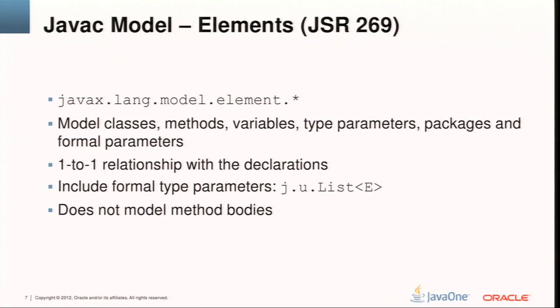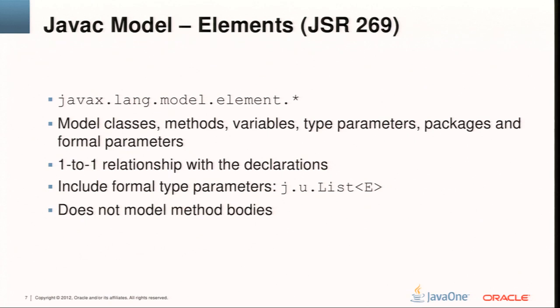And now I will do a quick introduction to Javac model. It has three main parts. The first part is Javac elements. These are defined in the package javax.lang.model.element. It models classes, methods, variables, type parameters, packages, and formal parameters.